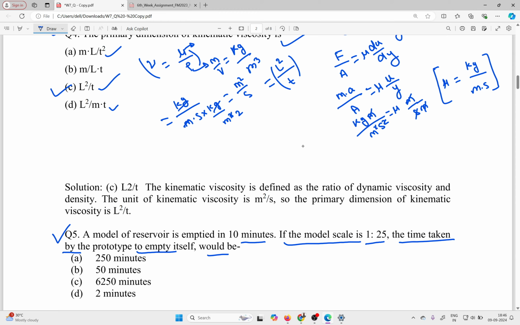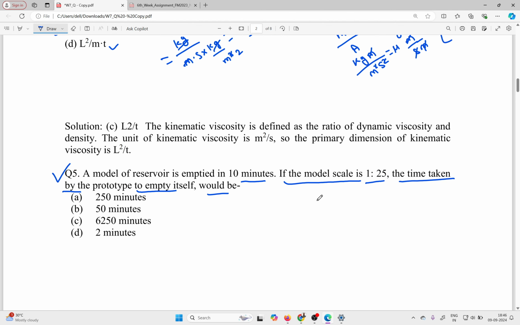So here we are talking about the time taken to empty the prototype. Basically, let us just suppose your prototype is the bigger one. The reservoir will be the bigger one. So this is the reservoir, with water on this side.